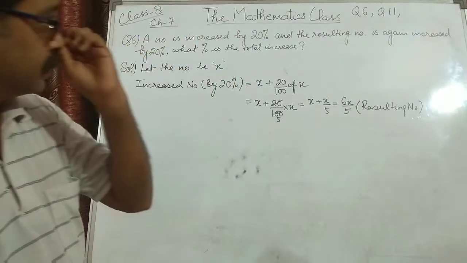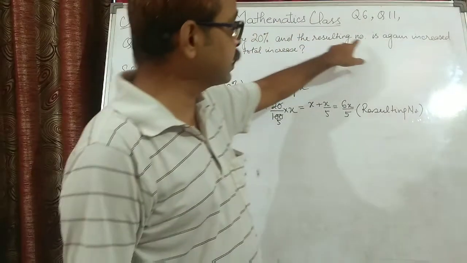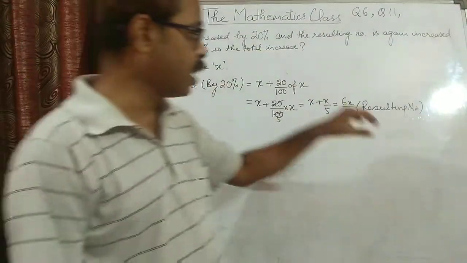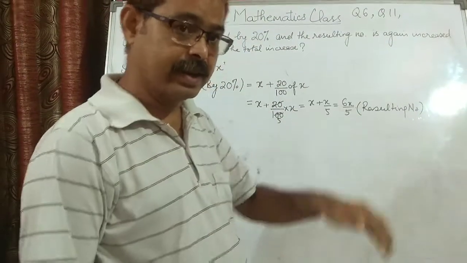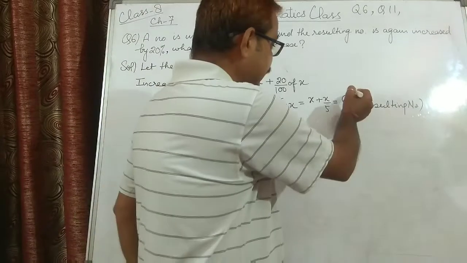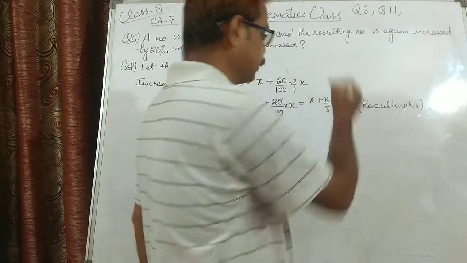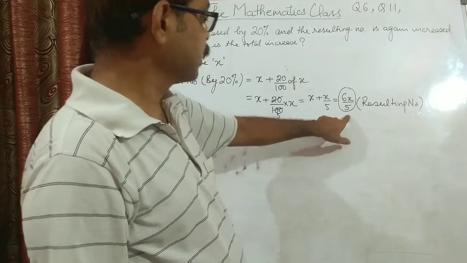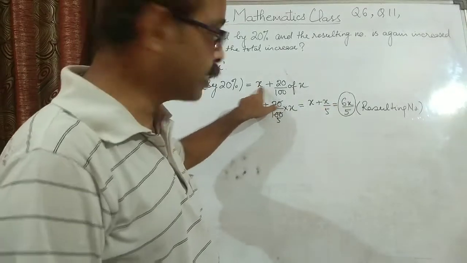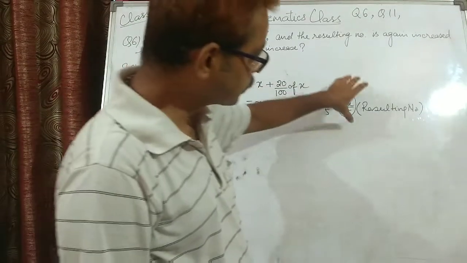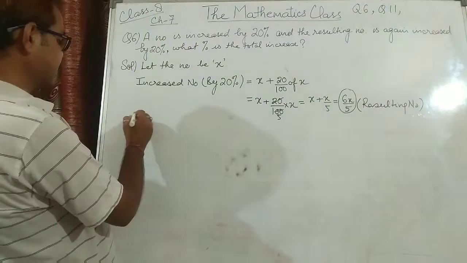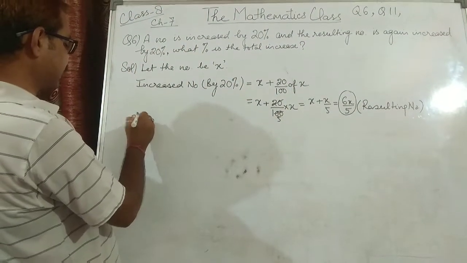Now they say the resulting number is again increased by 20%. Means now there is an increase of 20% in this number. Now how we got this? By increasing the original number by 20%. Now this number is again increased by 20%. So I can say second increase.